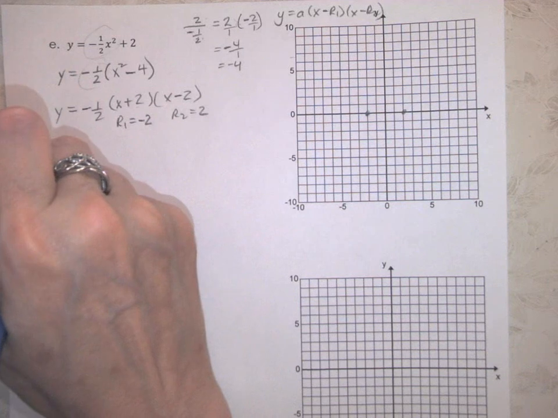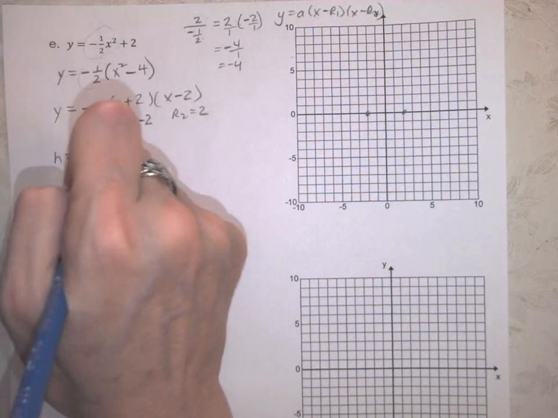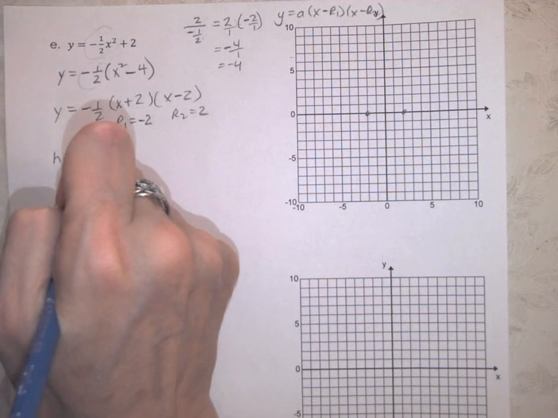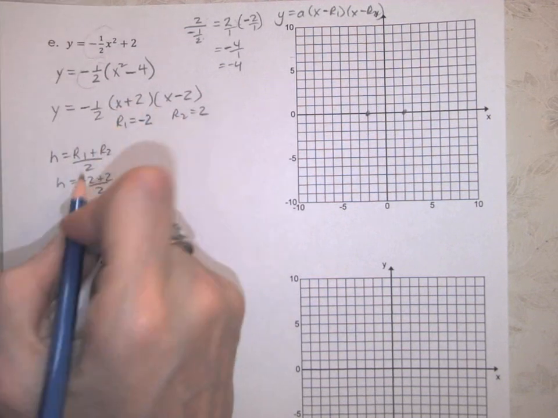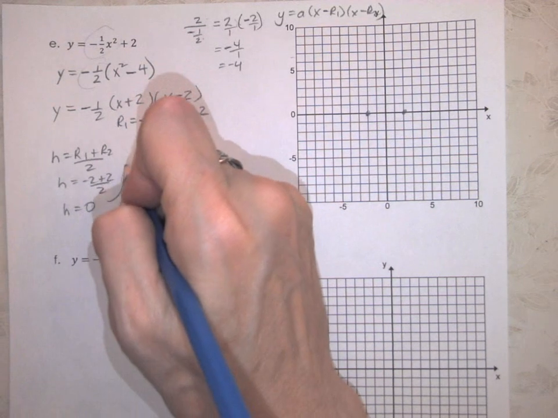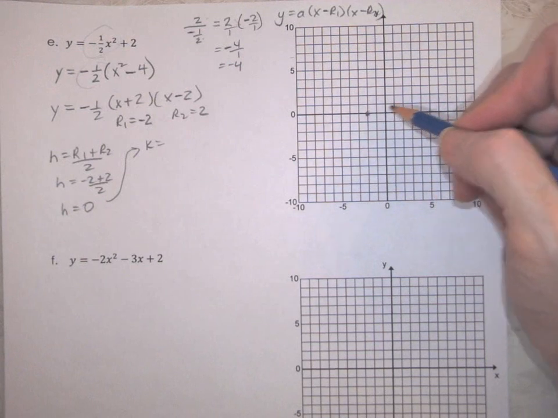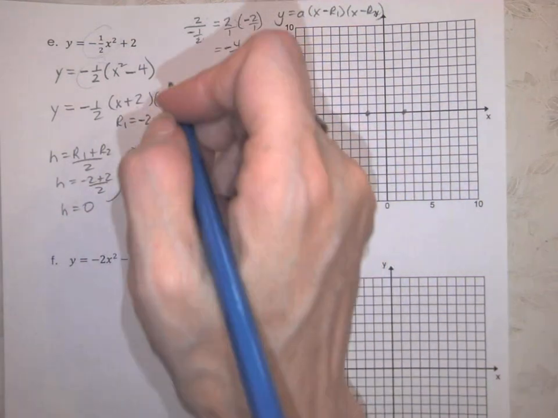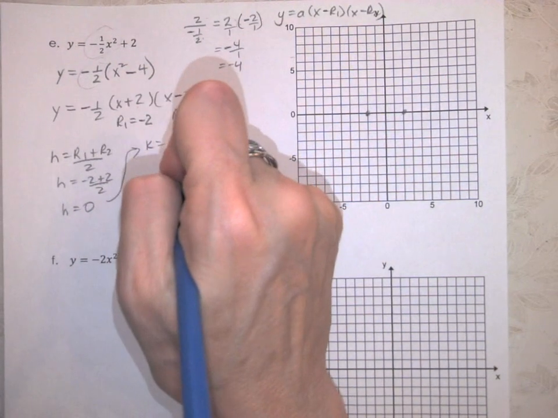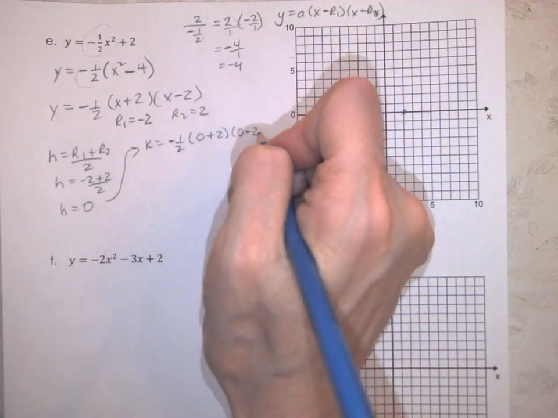We can find h by adding our x-intercepts together and dividing by 2. And that's going to end up giving us h equal to 0, which makes sense because 0 is halfway between -2 and +2. And our k value is going to be -1/2 times 0 plus 2 times 0 minus 2.